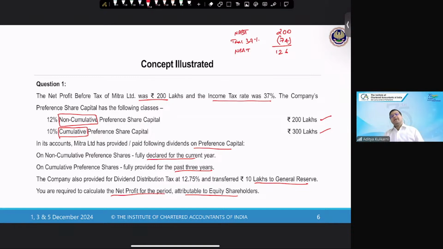There are two categories of preference shares which come here. So therefore, from this, I will be deducting preference dividend, right? First is on the cumulative preference shares. On the cumulative preference shares, should I consider for the past 3 years or should I consider only for the current year?